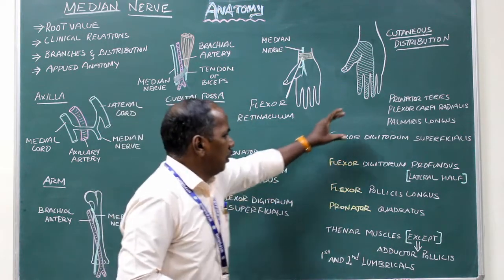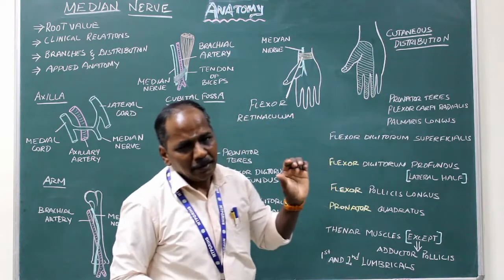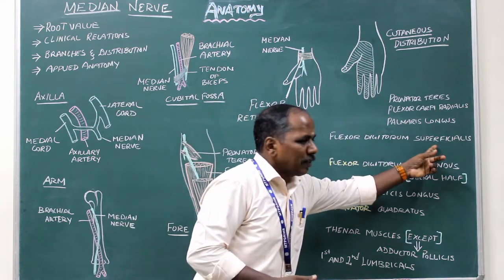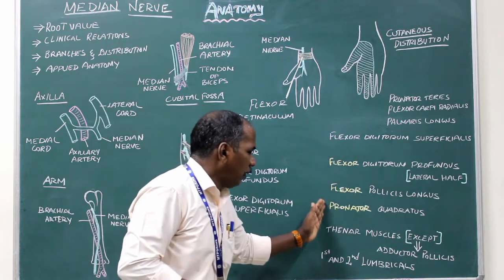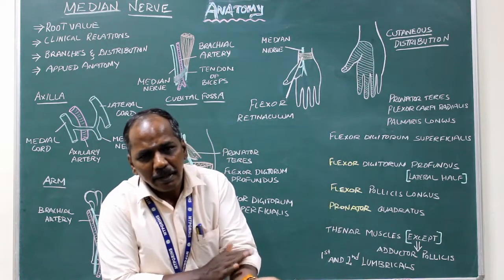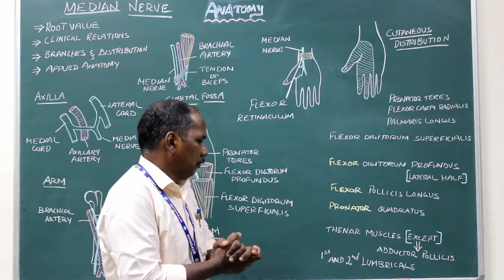So, this is the superficial group of the flexor compartment, this is the middle group, and this is the deep group of muscles present in the flexor compartment of the forearm.